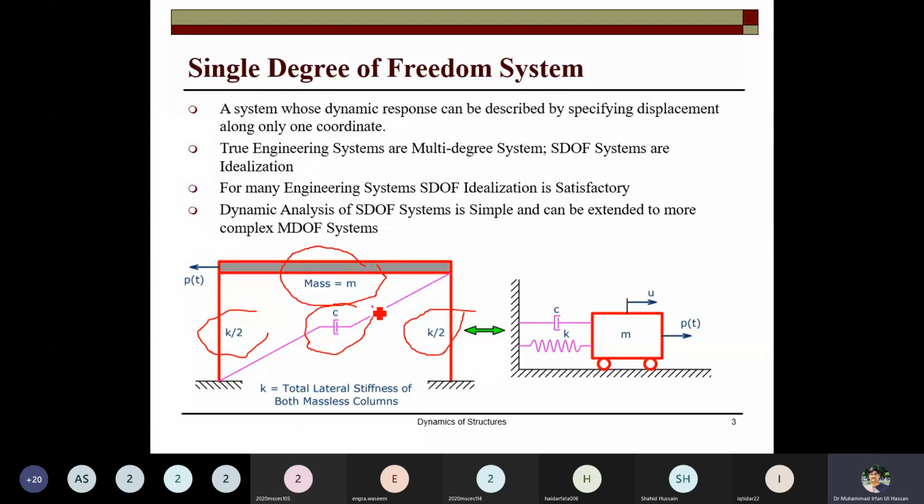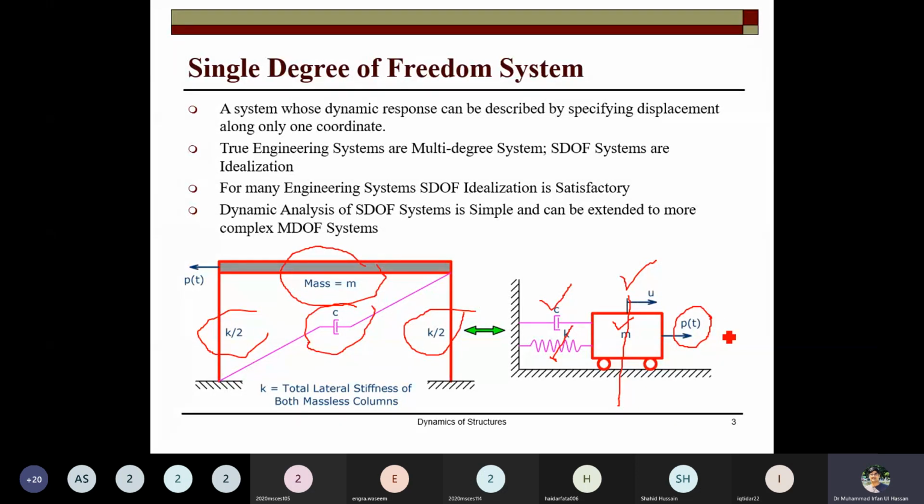These three values can be used to represent the single degree of freedom system. If you want to show the system as a spring mass system, it comprises the damping plus the stiffness plus the mass, where u is the total displacement and p is the applied load.